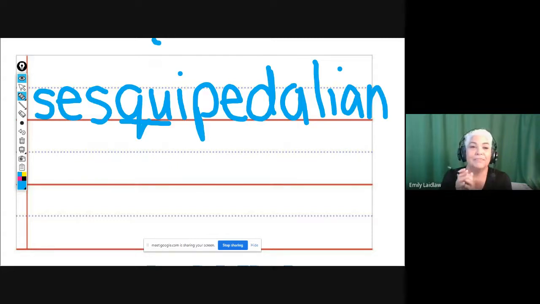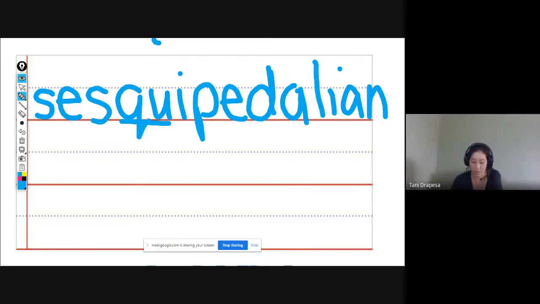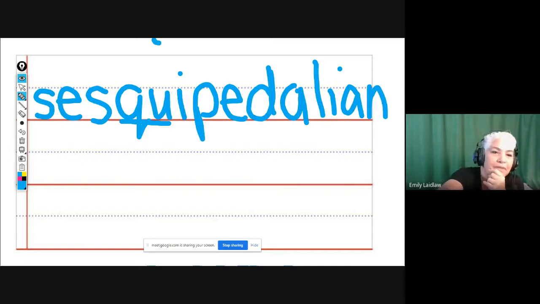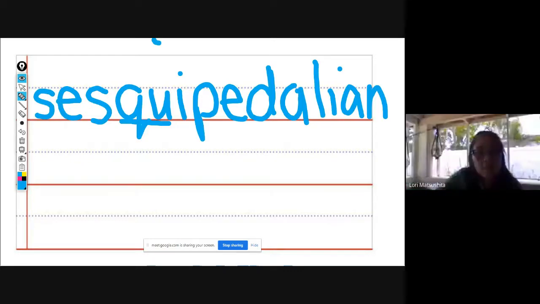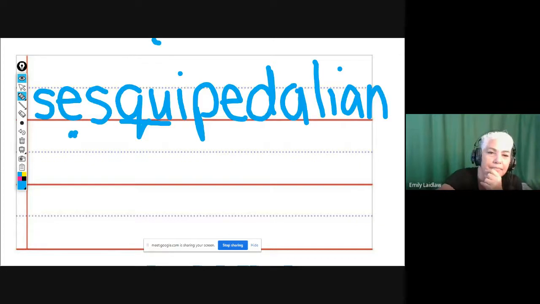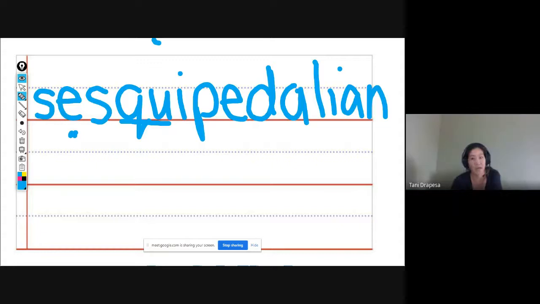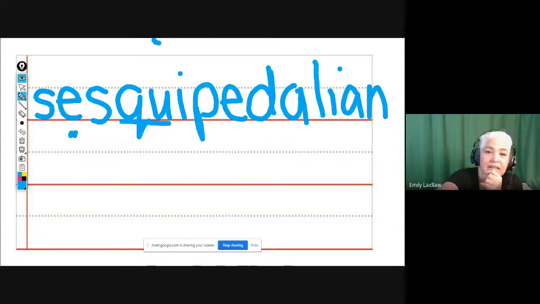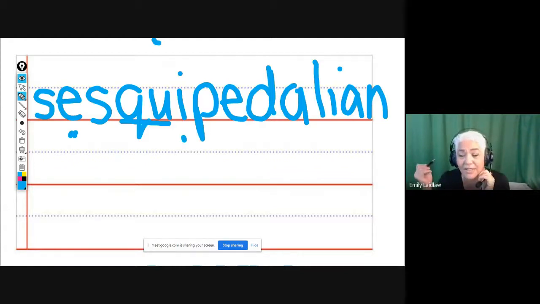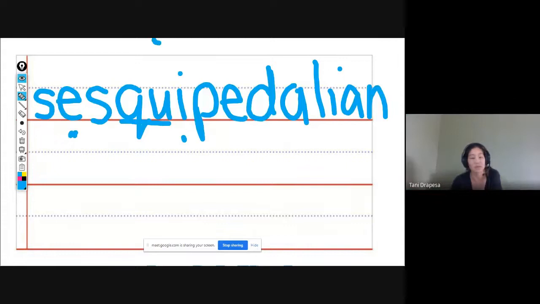Okay, here we go. Step 3. Isolate the vowels. Let's just mark it. I'm going to mark my vowels. What are my vowels, starting at the beginning? E. Is the U a vowel here? The next one's an I. Next vowel. And I'm actually asking for vowel sounds. I'm sorry, I'm taking the shortcut. So what are your vowel sounds? Next one.